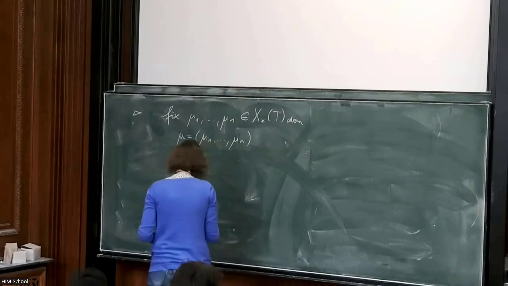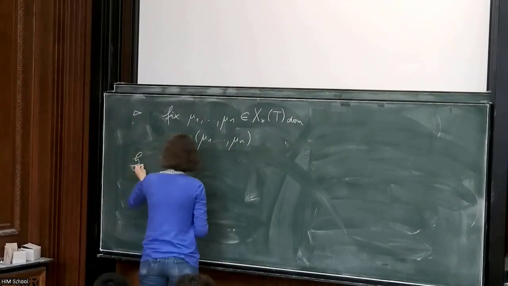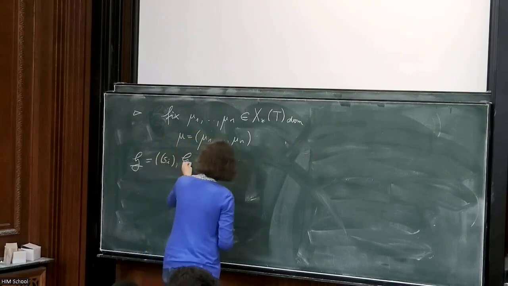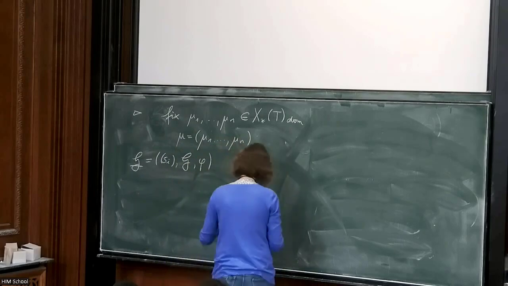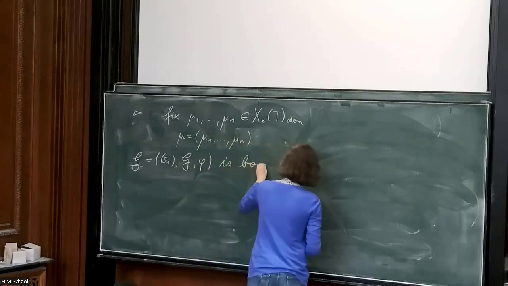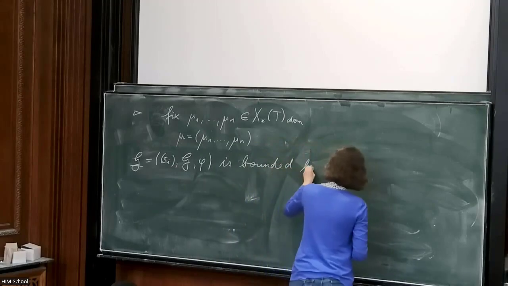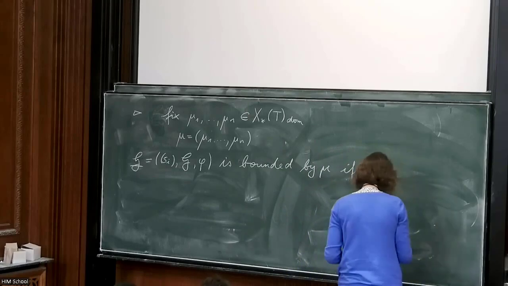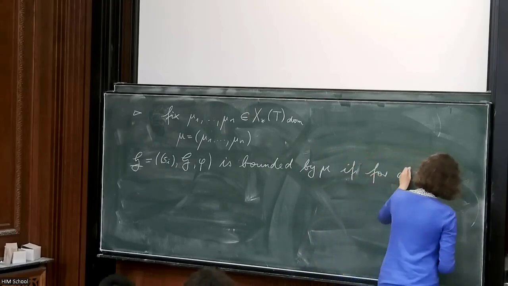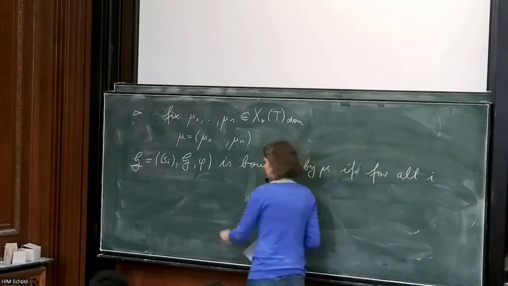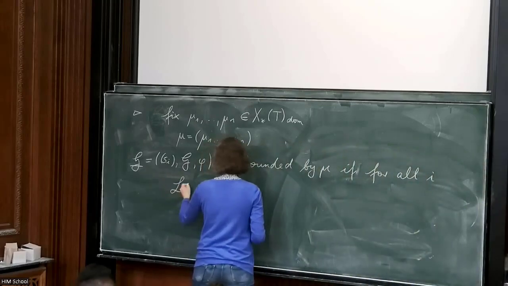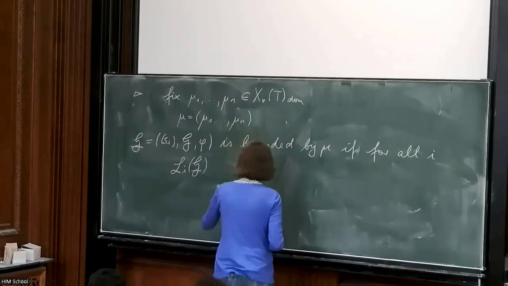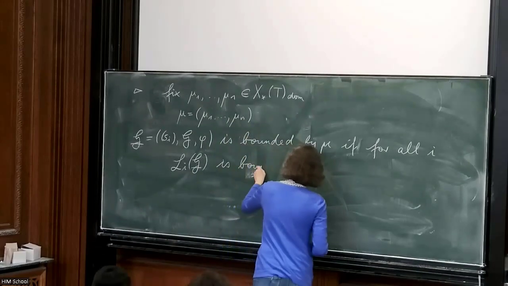Now such a global G-Shtuka, having legs and the s_i, and then a torso and a Frobenius, is bounded by μ, by definition, if for all i the corresponding local G-Shtuka L_i of G underline is bounded by μ_i, in yesterday's sense.